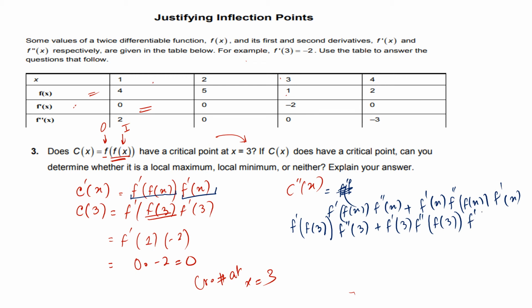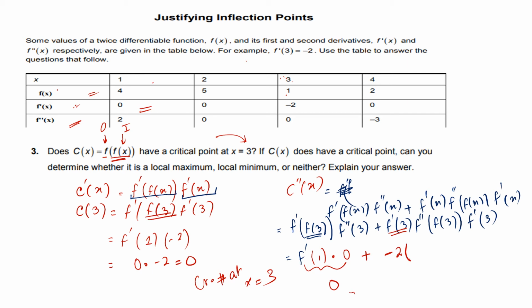Be careful, because one mistake will make your whole question completely wrong. So f prime of f of 3 is what? Now check, f of 3 is 1. f double prime of 3 is 0. So this whole thing becomes 0 plus f prime of 3. So f prime of 3 is negative 2.